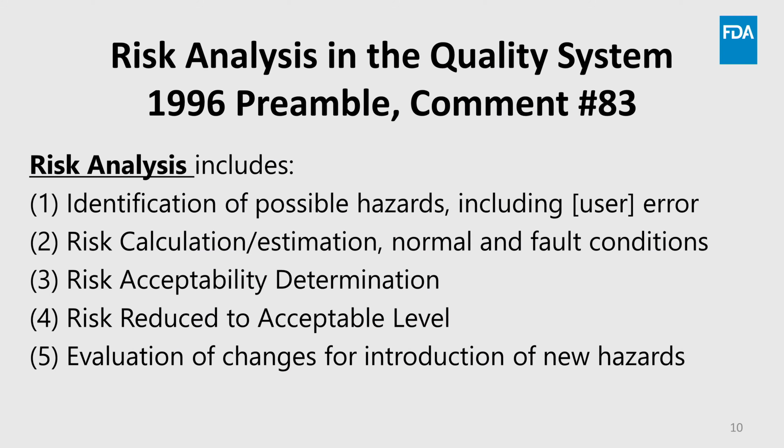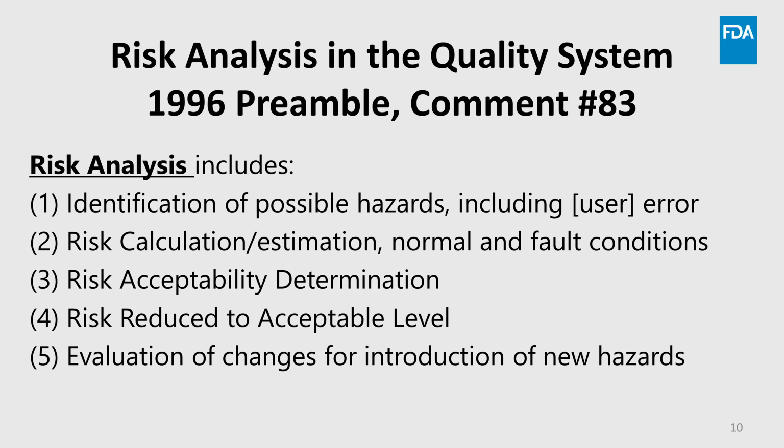For our last definition in this Risk Basics module, let's look at a couple of different sources to define risk analysis. The 1996 Quality System Preamble mentions a few things to include in risk analysis. These are the identification of possible hazards, including user error. Note, I have put user in brackets as the most current term today is use error.